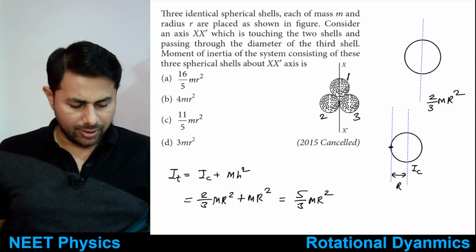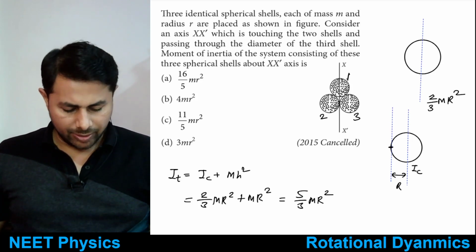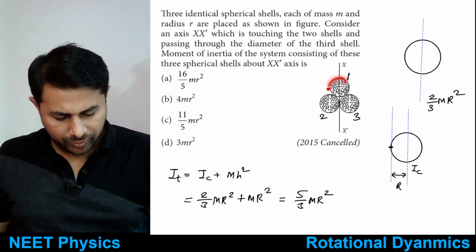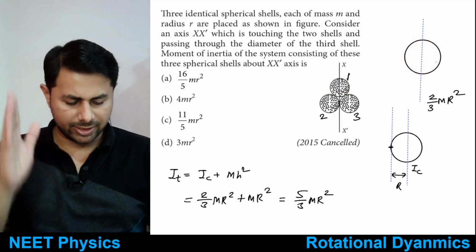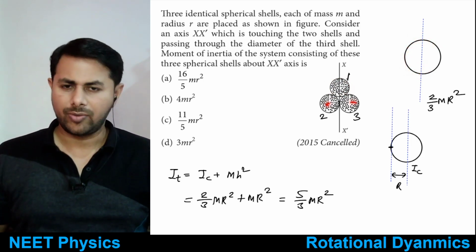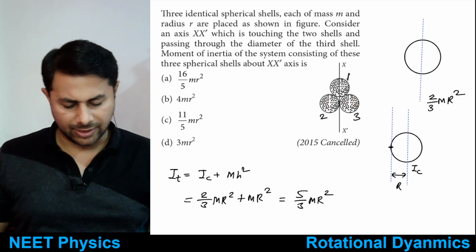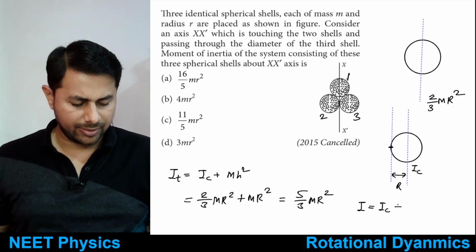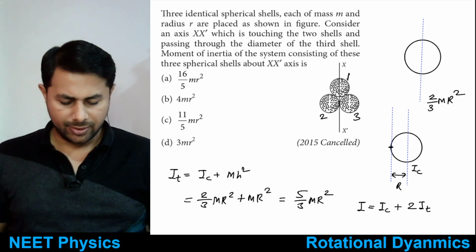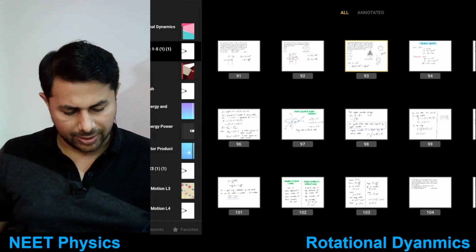Okay, so therefore what will be the total moment of inertia? So you have one spherical shell for which the axis passes through the center, and two for which the axis passes through the tangent, and therefore the total moment of inertia will be equal to IC plus 2 times IT. Okay, so let's just put the values.